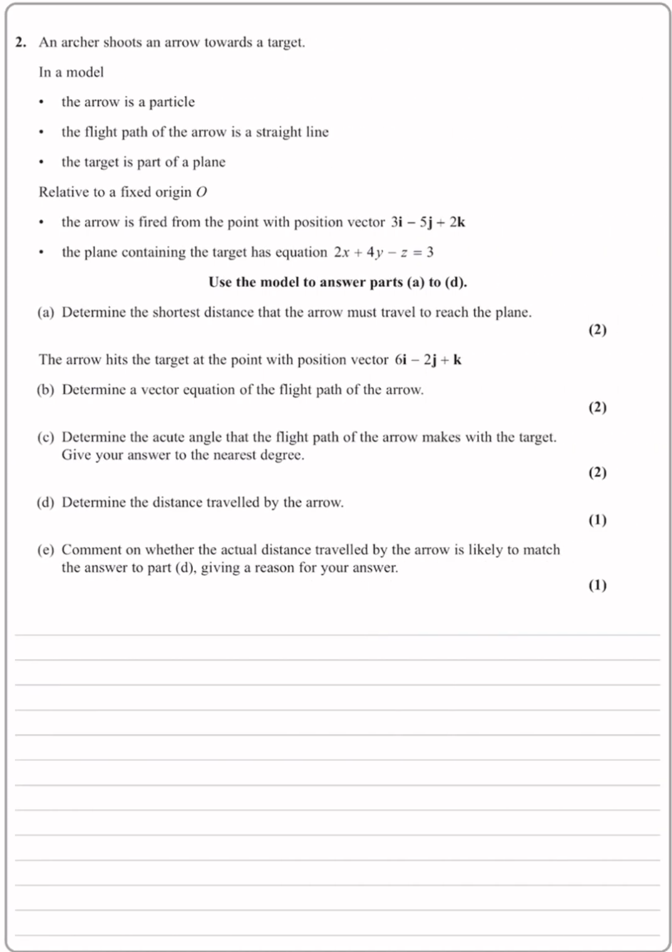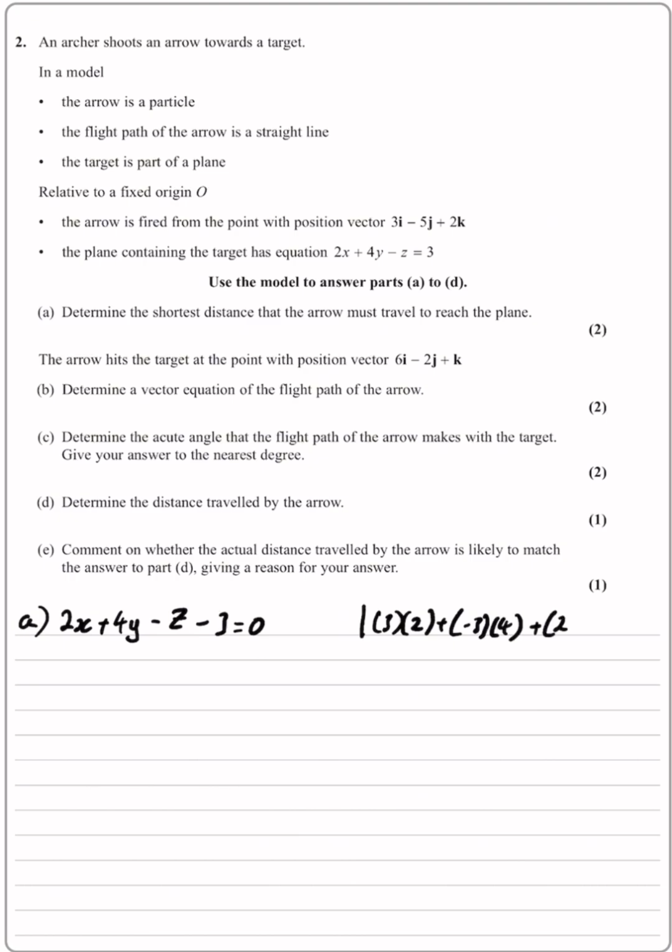Question number 2 is a vectors question. So for part A, we want to find the shortest distance that the arrow must travel to reach the plane. So I'll do a quick rearrangement of the equation of the plane. Then we can use the formula for finding the shortest distance between a point and the plane.